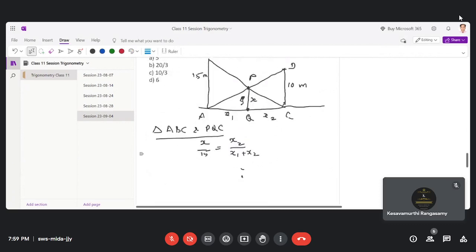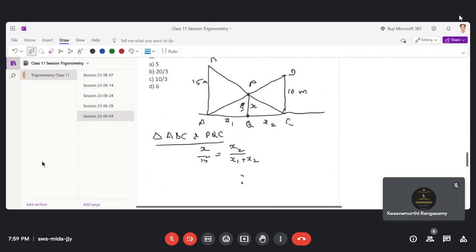In the other two triangles, ADC and APQ, these two triangles are similar. x by 10 is equal to x1 by x1 plus x2.